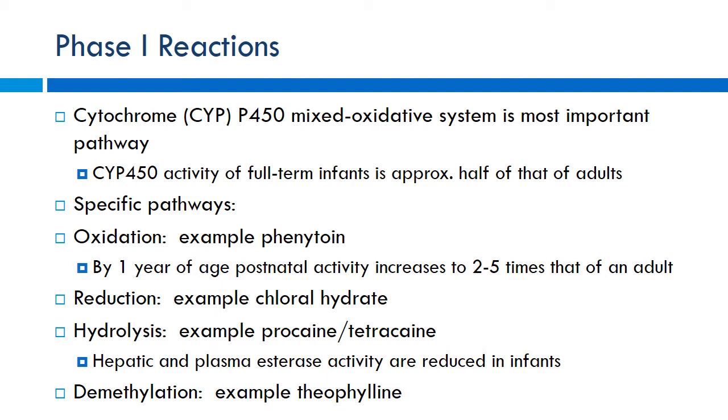Hepatic and plasma esterase activity may be reduced in infants, leading to increased activity of the drug as it sticks around for longer. So just be aware there are going to be some changes there, and when you are looking at your drug references and they give different dosing for neonatal patients versus children versus adults, this is where they're coming from: looking at the changes in not only the kinetics of the distribution, but also in the metabolism as well.